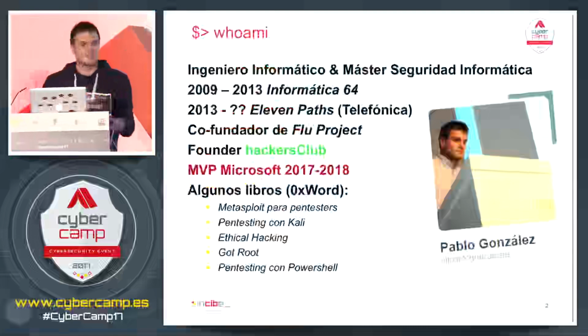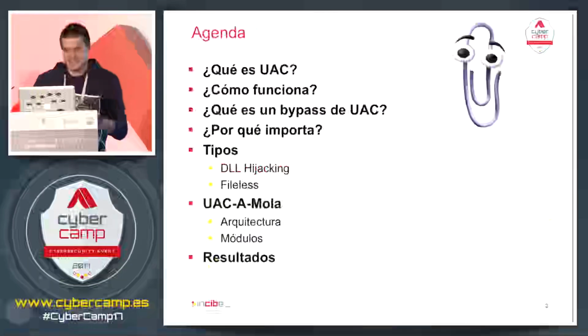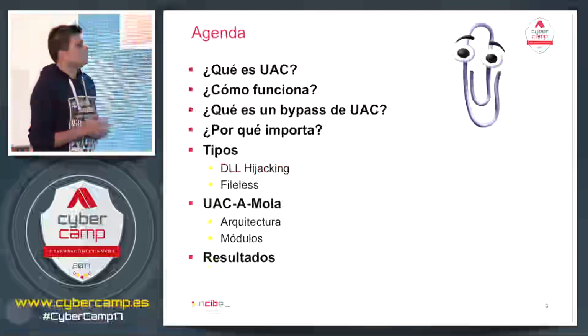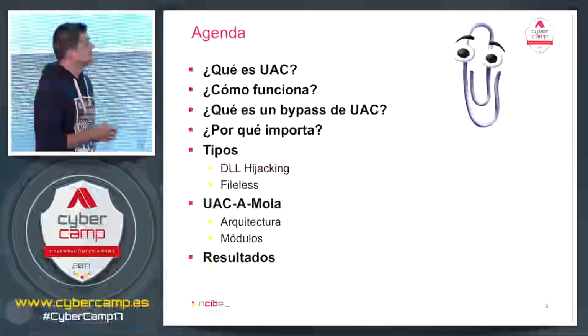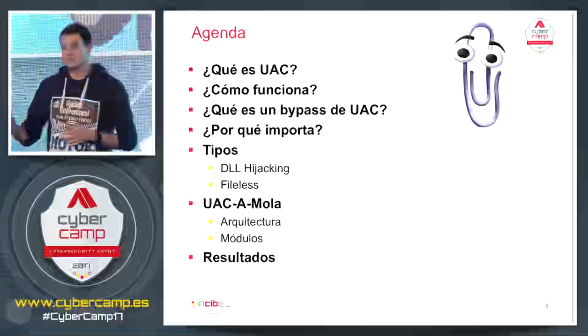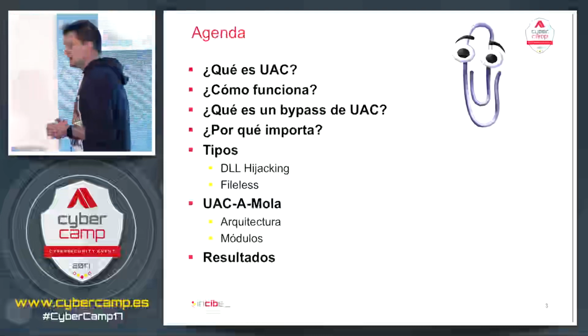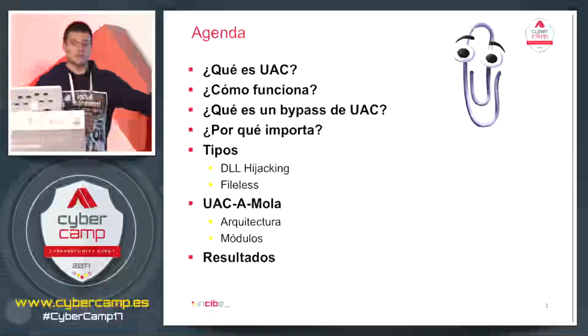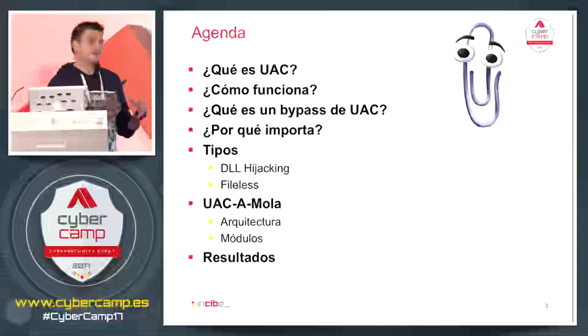I'm going to skip the main introduction. This is what we're going to be addressing: what UAC is and what UAC bypass is. Why does it matter? The different types of UAC bypasses, not all, but the most common or most powerful ones.